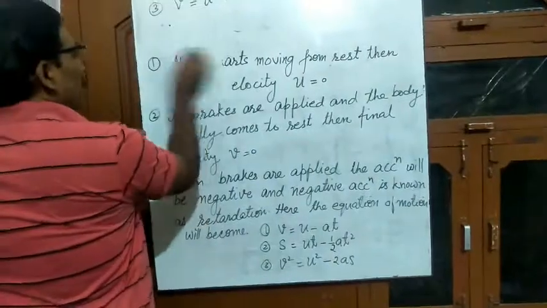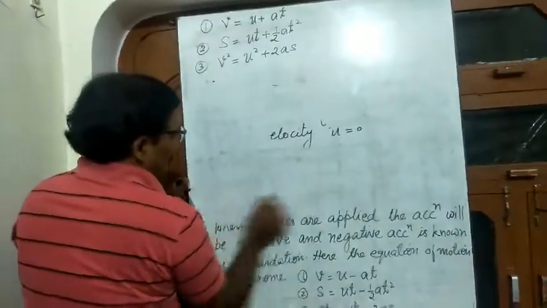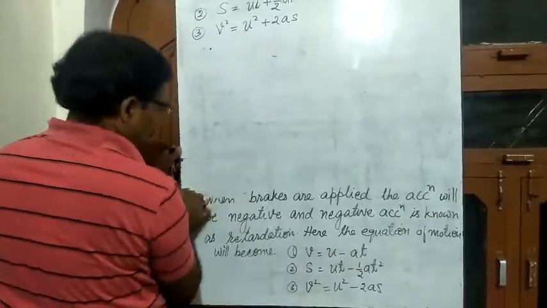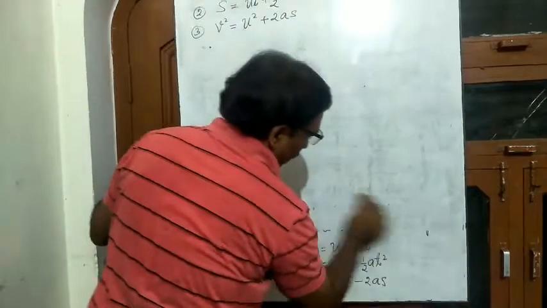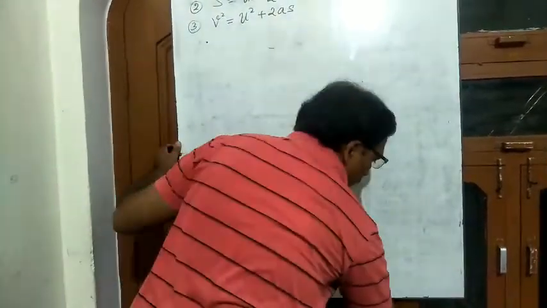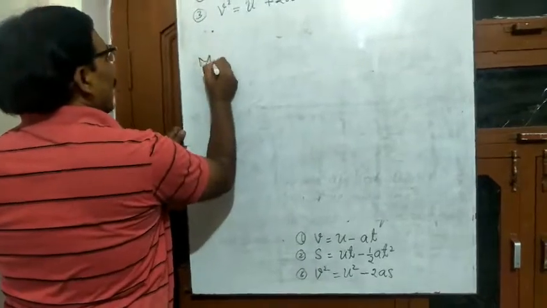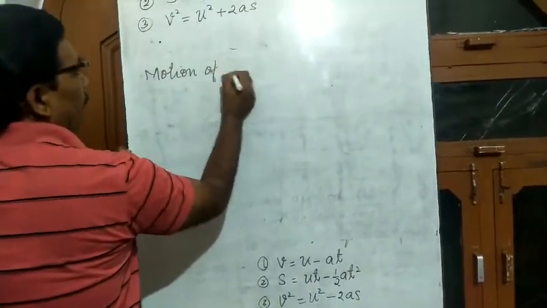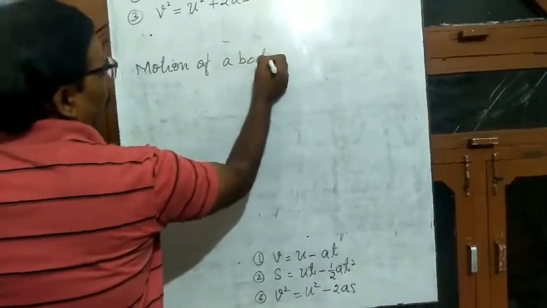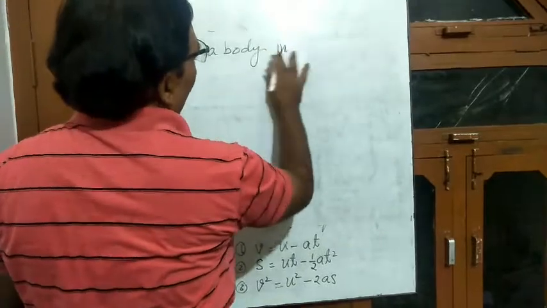So what will be the equation for motion of a body under gravity in the downward direction?